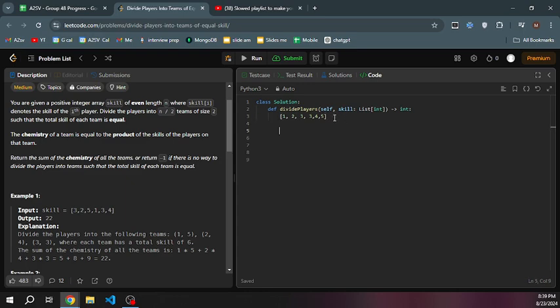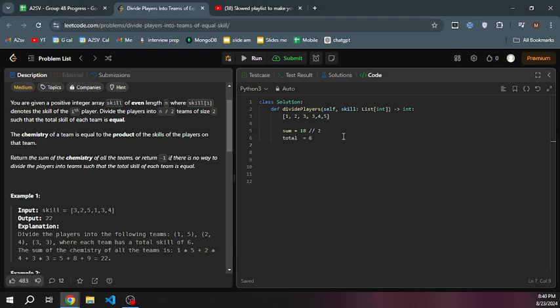We need to sum up every element: 5, 9, 9 plus 3, 12, 18. Sum is equal to 18, and the length of the array is 6. 6 divided by 2 is 3. If we divide this by 3, we get a total equal to 6.